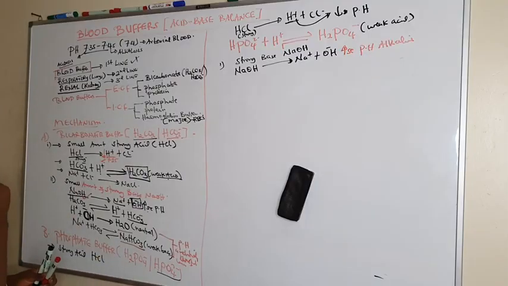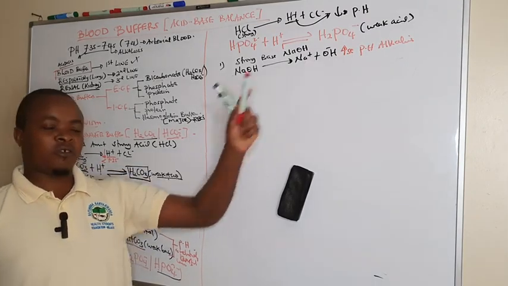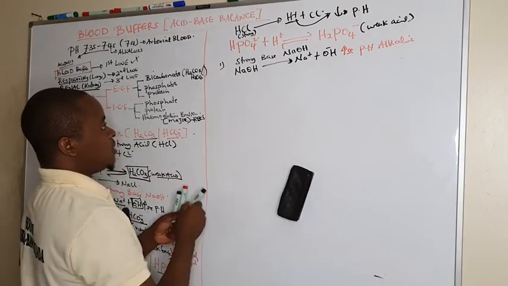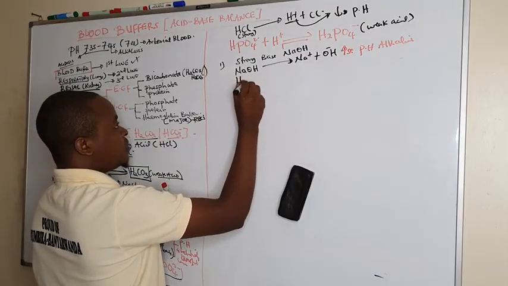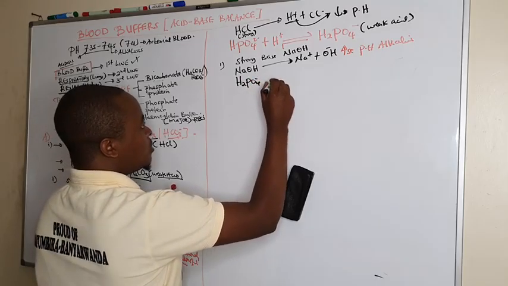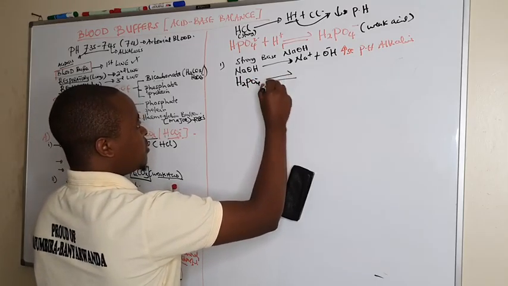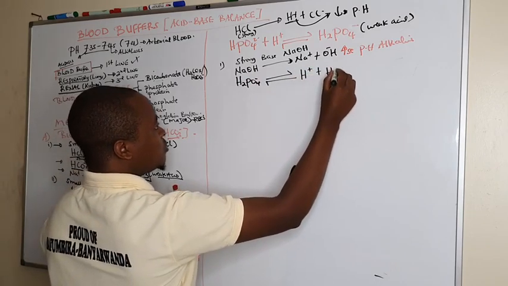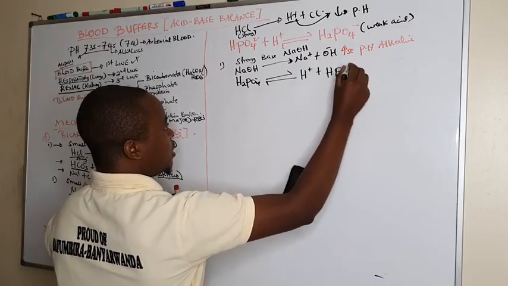But remember, in our buffer system, we have an acid which can donate a proton to combine with the hydroxyl ion to form water. So this acid, which is in blood, the dihydrogen phosphate, is going to dissociate partially to liberate hydrogen ions and produce a conjugate base.